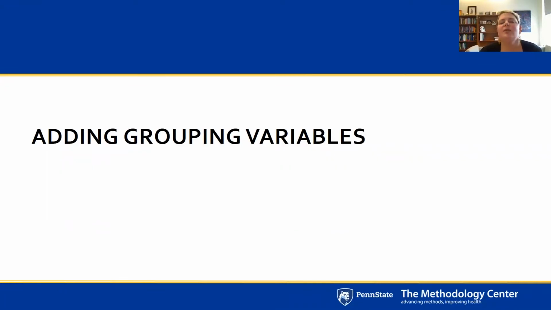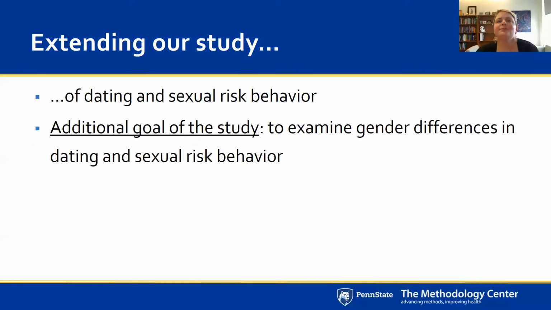You might want to look at, for example, gender differences in the factor structure and how the factors are related to each other. You can also ask similar questions in LTA. So we're going to talk really briefly for the next 15 minutes about the questions that you can address using grouping variables and also covariates, just to give you a flavor of the broad scope of questions that you can ask with these types of models.